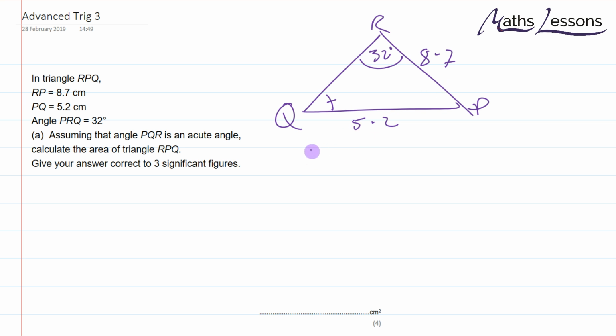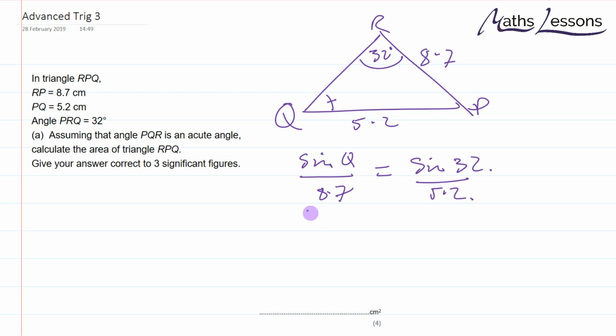So we're going to use, let's just say Q, the fact that sine Q over 8.7 is equal to sine of 32 over 5.2.